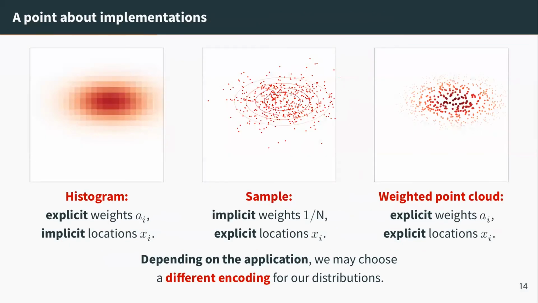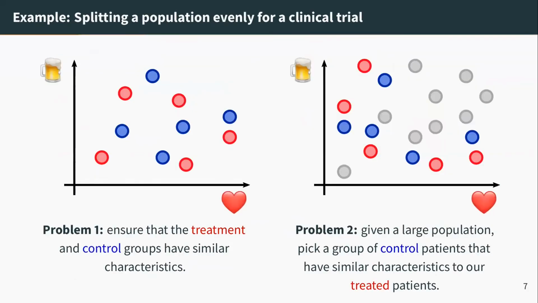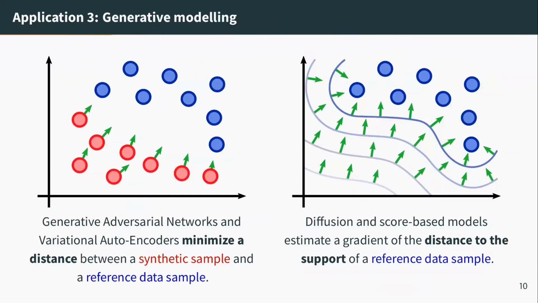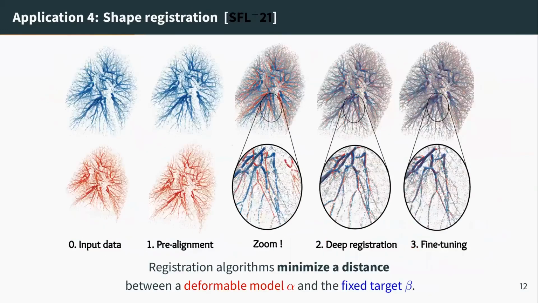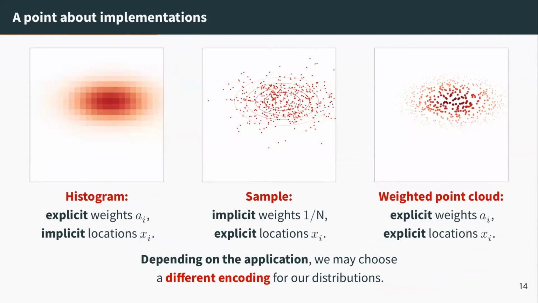So, what we've seen here is that there are many different good reasons to study probability distributions. In pharmacology, standard machine learning, generative modeling, shape analysis, texture analysis, anything. And in all those different fields, depending on the application, we may choose a different encoding for our distributions. In the first slide, I showed you that maybe we can use a histogram, maybe a discrete sample, maybe a weighted point cloud.